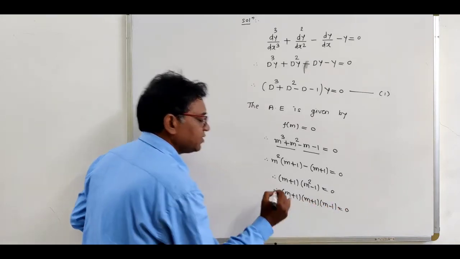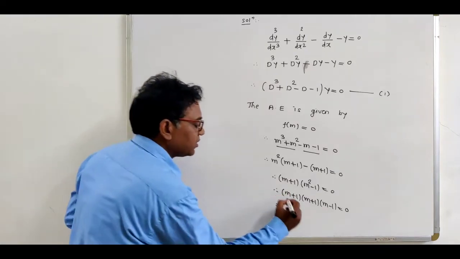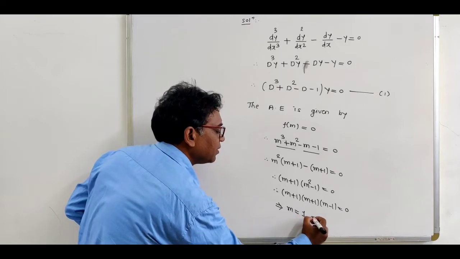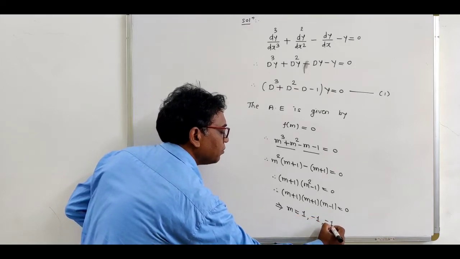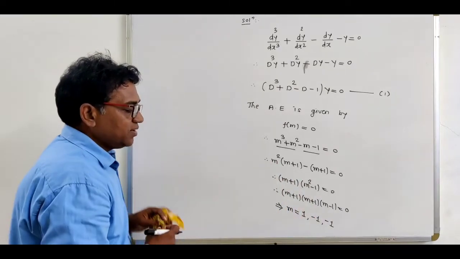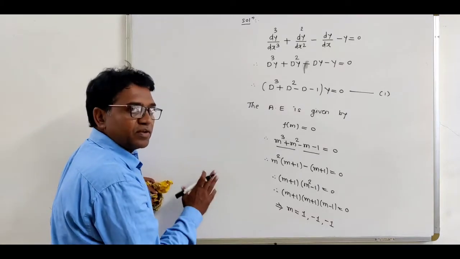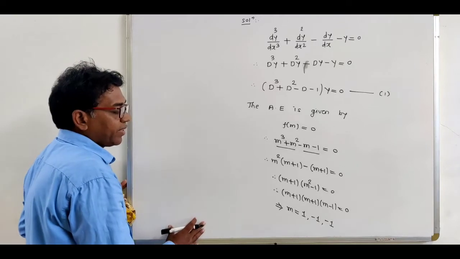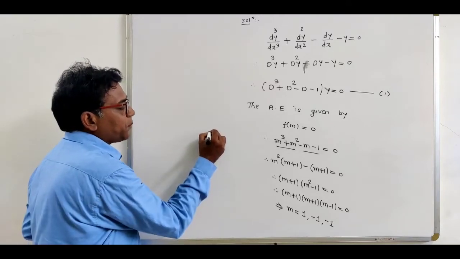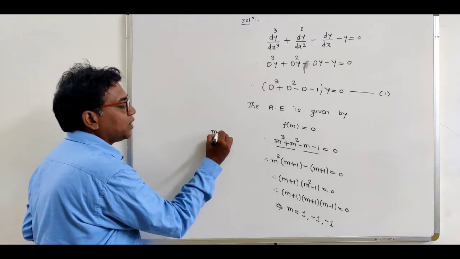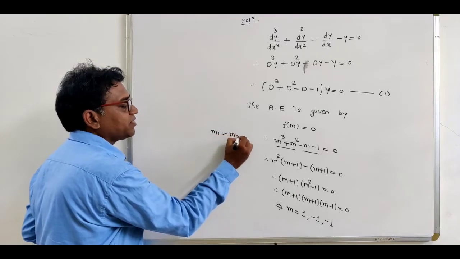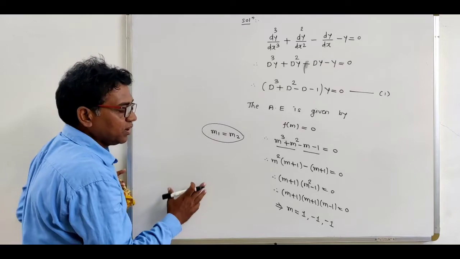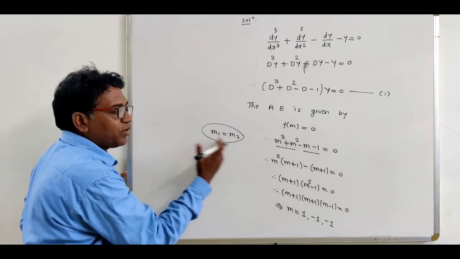So write down the factors. This implies, what are the values of m? m is equal to 1, minus 1 and minus 1. So these are the roots of the auxiliary equation. Now say what is the rule? Suppose the root of the auxiliary equation repeats 2 times, if m1 is equal to m2.